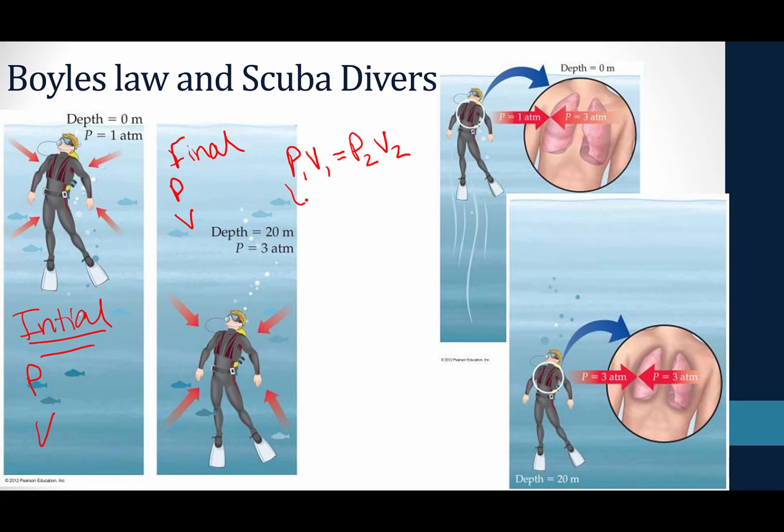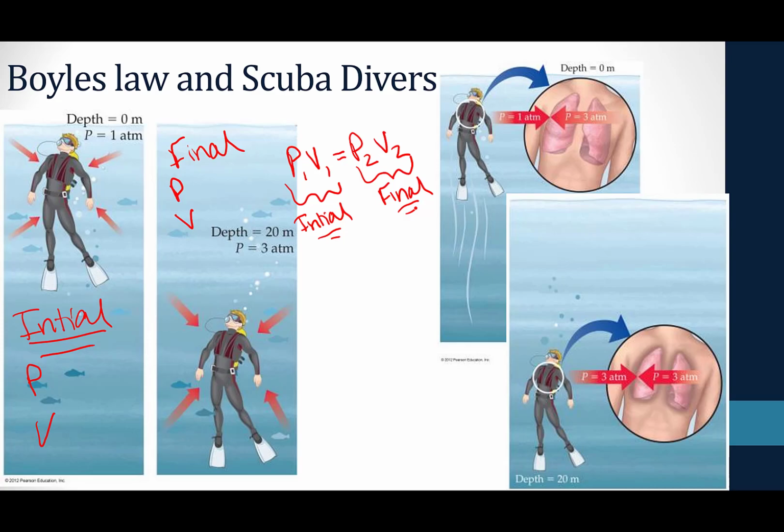So this P1 V1 is going to be the initial. What were the conditions when the experiment started? And the P2 V2 is going to be the final. What was it like at the end? So if we know 3 of those 4 variables, we could solve for any one of them.